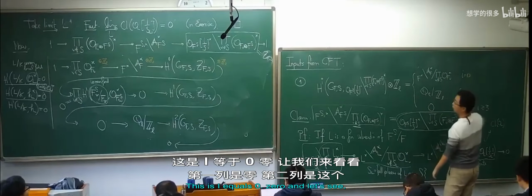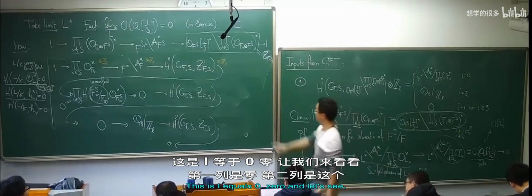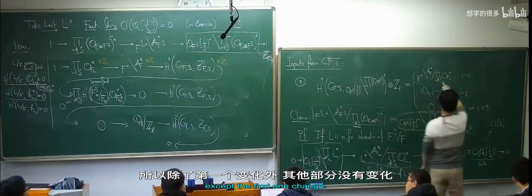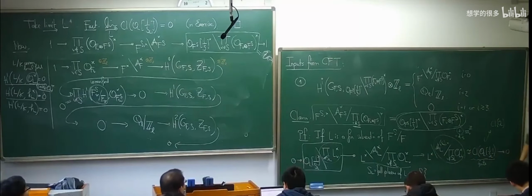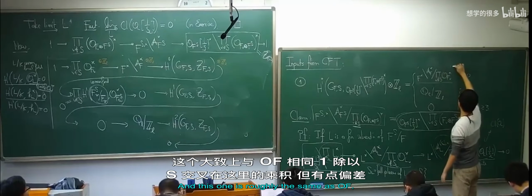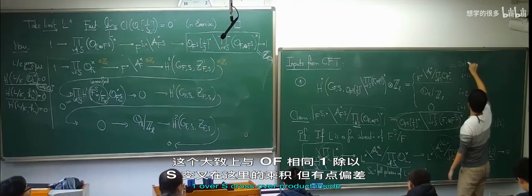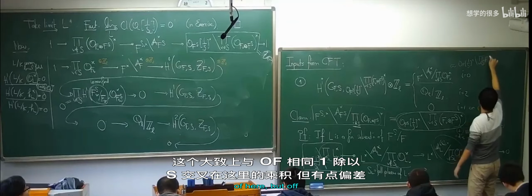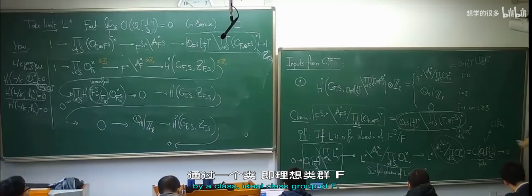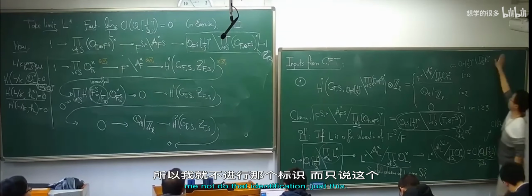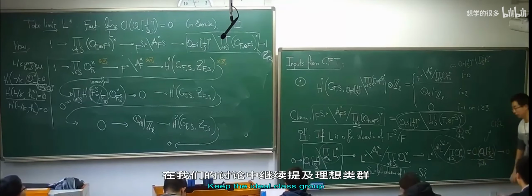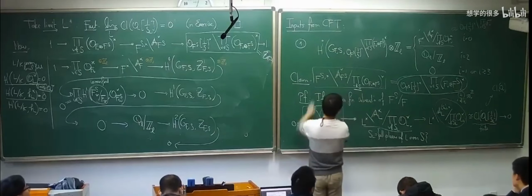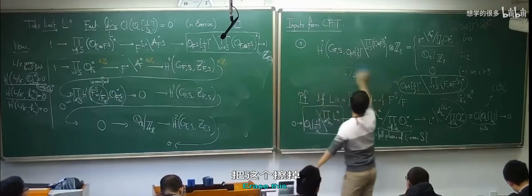This is I equals 0. And let's see, the first column is 0, and the second column is this. So nothing changes except the first one changes. Of course, this one is roughly the same as O_F,S cross over the product inside of here, but off by the ideal class group of F. So let me not do that identification, just this. Keep the ideal class group in our discussion. Okay? So that's good. Erase this.